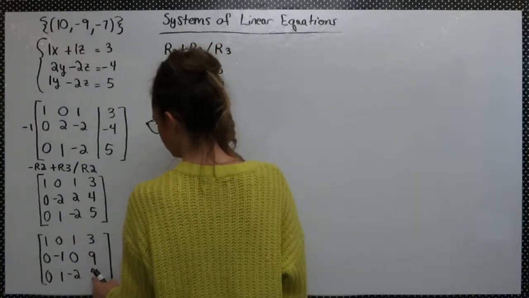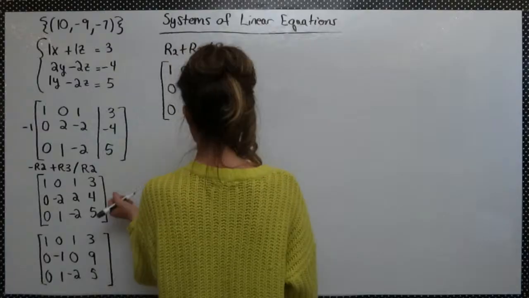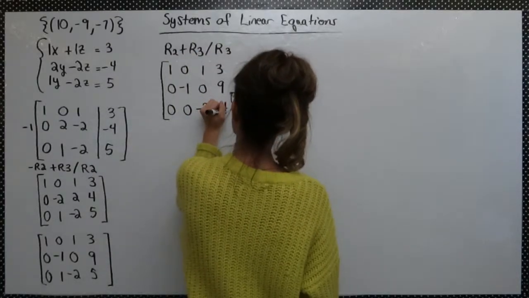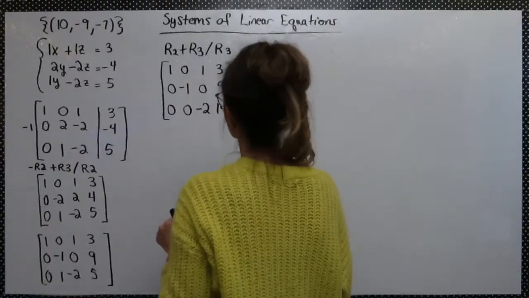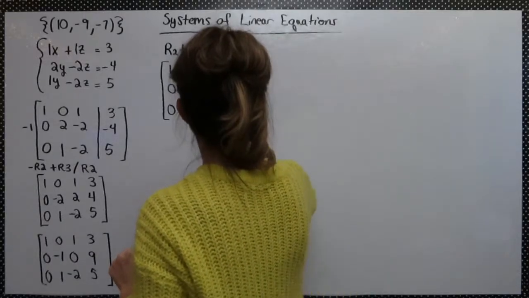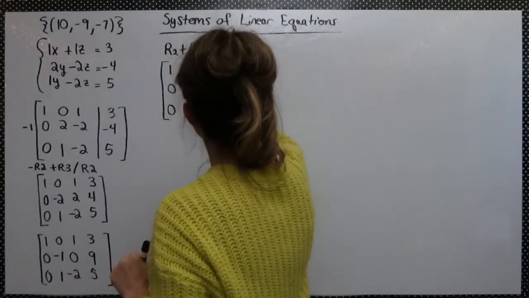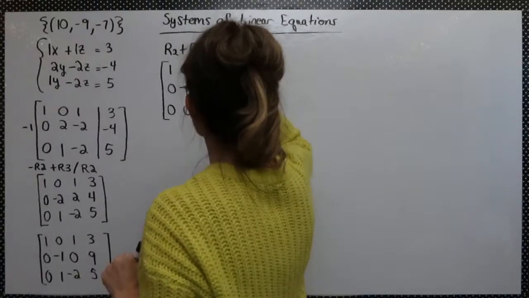And 9 plus 5 is 14. All right, so now it looks like this position needs to be 0. So what can I do?